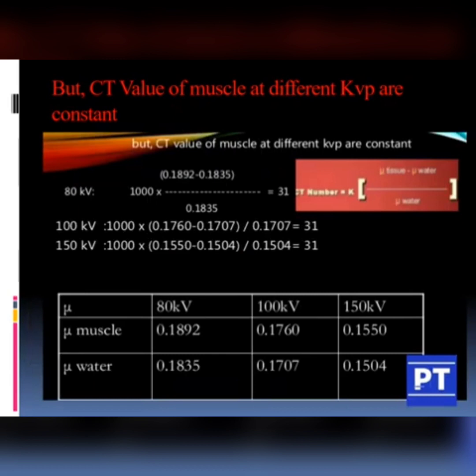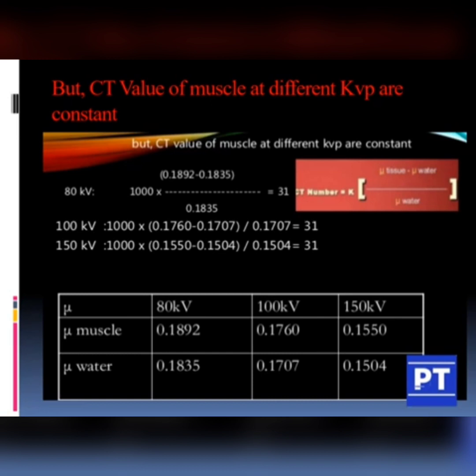By considering these values, you can calculate the CT number at 80 kV. Here you can understand one thing: in the case of muscle, the CT value at different kVp is constant.